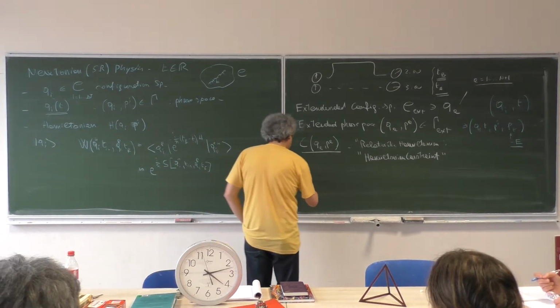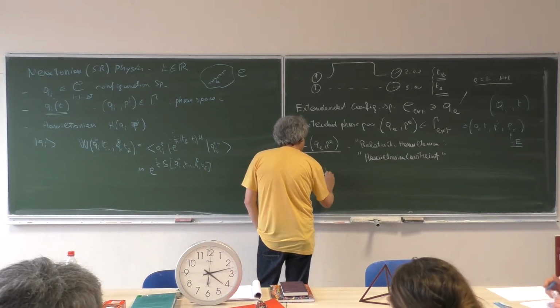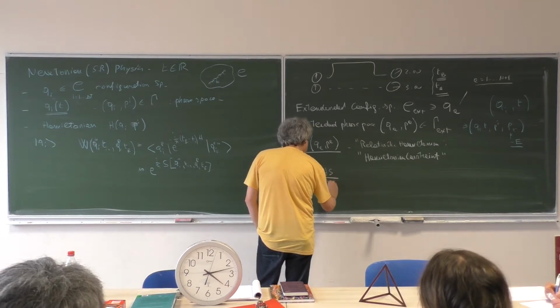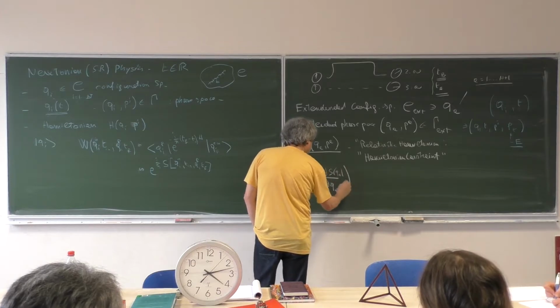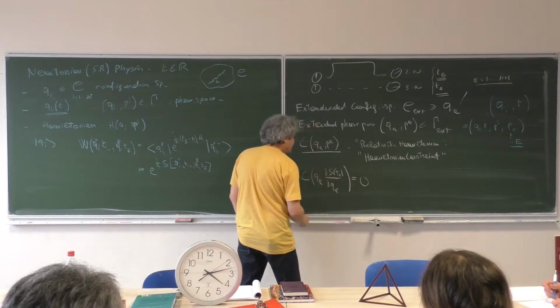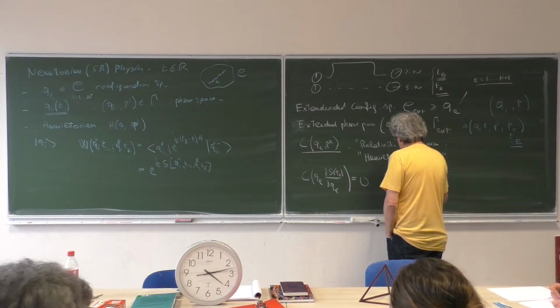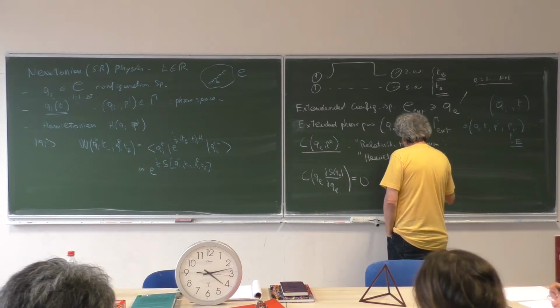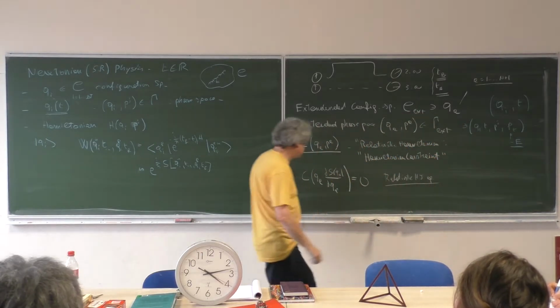The Hamilton-Jacobi equation is the equation C(QA, dS/dQA) = 0, where S is a function of QA. So that's a relativistic or covariant Hamilton-Jacobi equation.